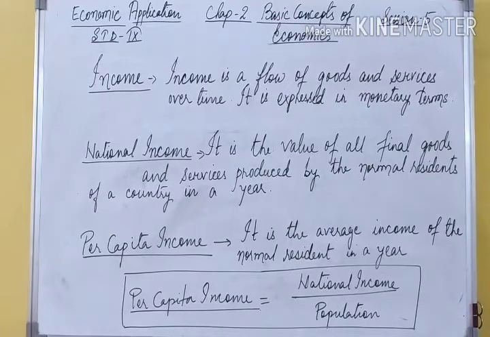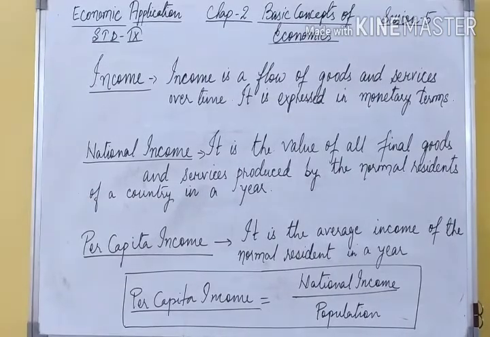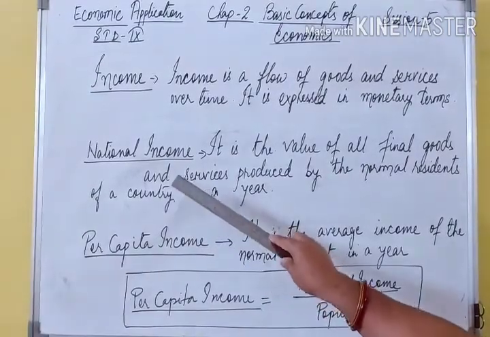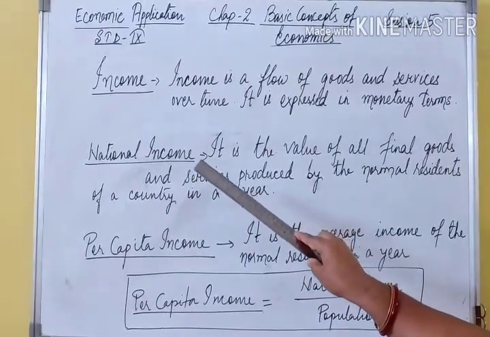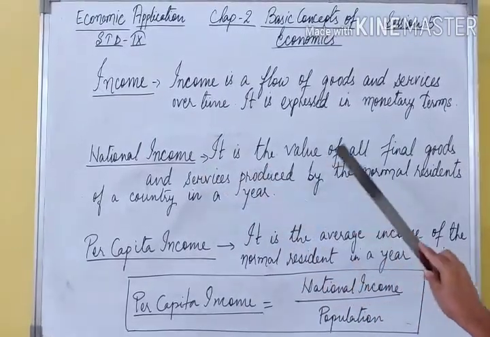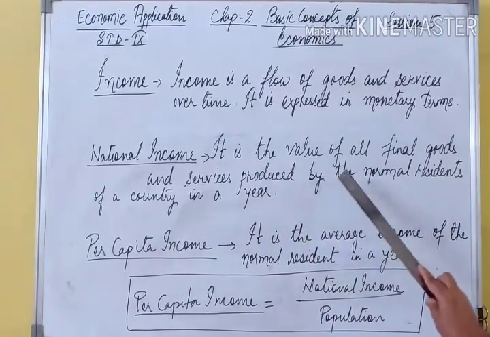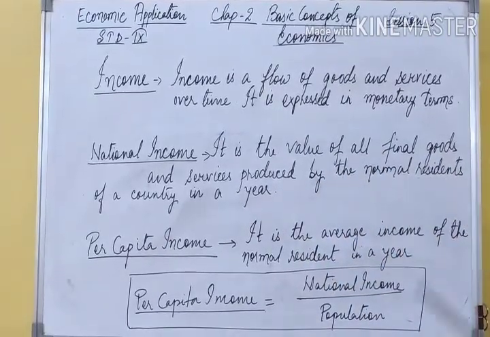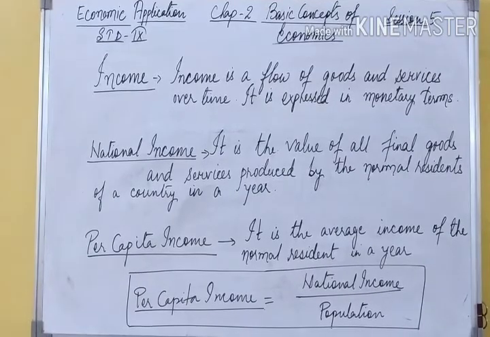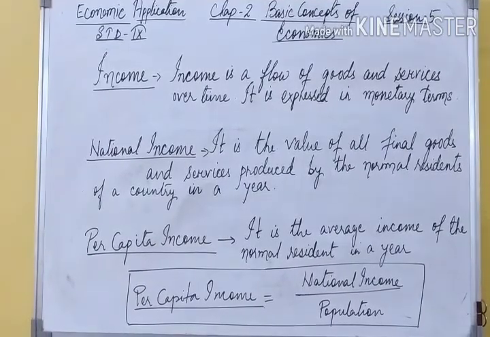Next is national income. As the word suggests, national means the entire country. It is the value of all final goods and services produced by the normal residents of a country in a year.